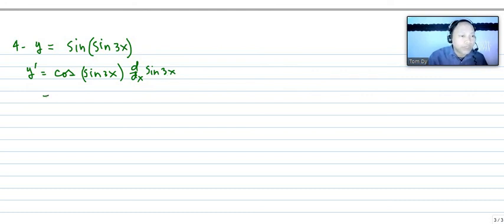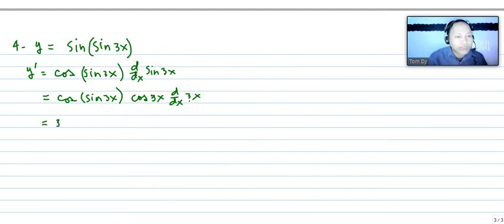So this is equivalent to cosine of sine 3x times the derivative of sine 3x, again this is the derivative of sine u, that is cosine u. So we have here cosine of 3x times the derivative of 3x. Okay, the derivative of 3x equals 3, so we will write 3 first here.